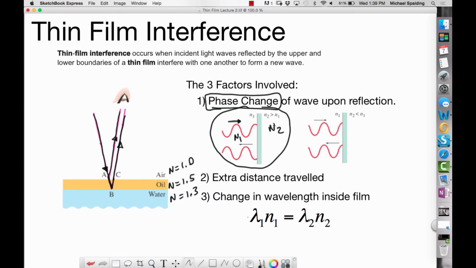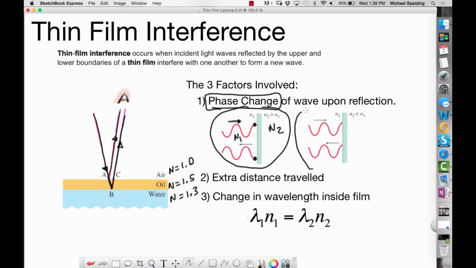If medium 2 has a higher index of refraction, there's going to be a phase change, which is what they're showing you here. So the wave comes in at a peak, and when it reflects off, it's going to be at a trough. A phase change will only happen when the light ray is reflecting off of a medium that has a higher index of refraction. Does that make sense?